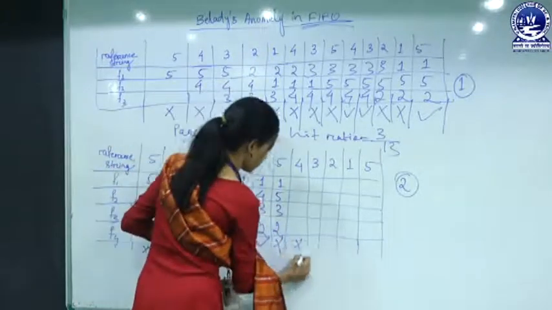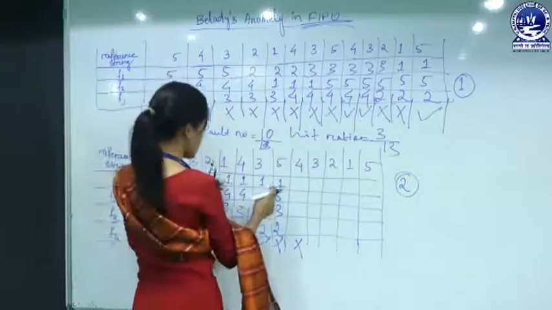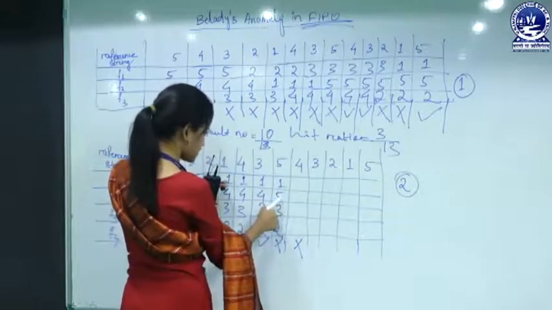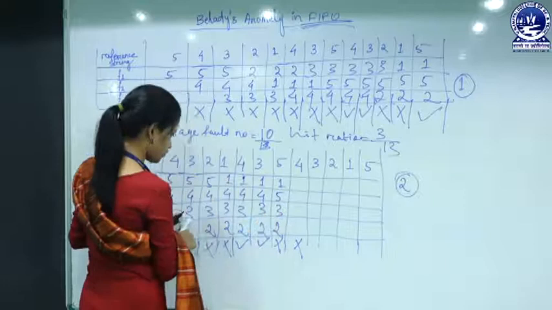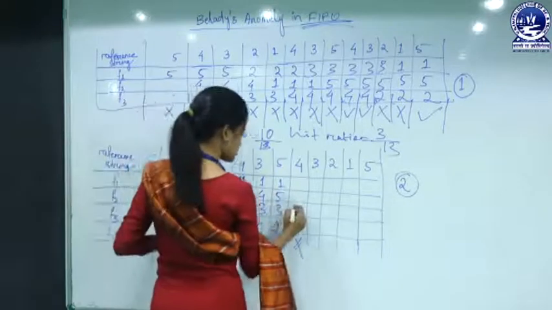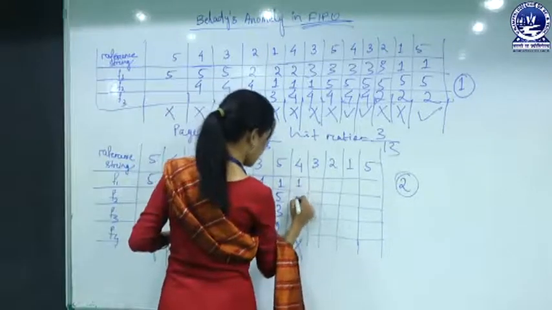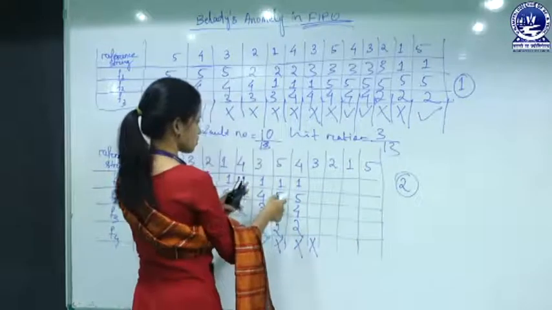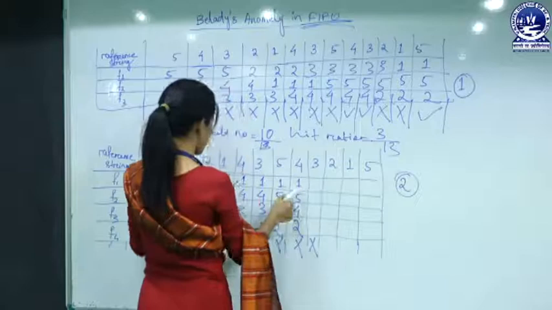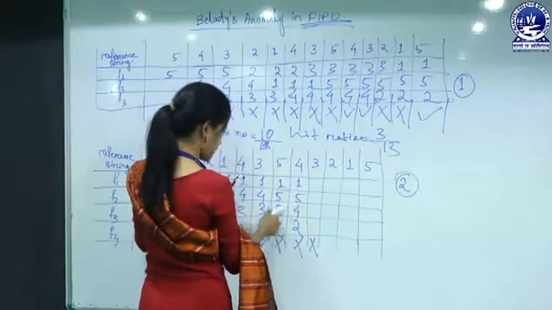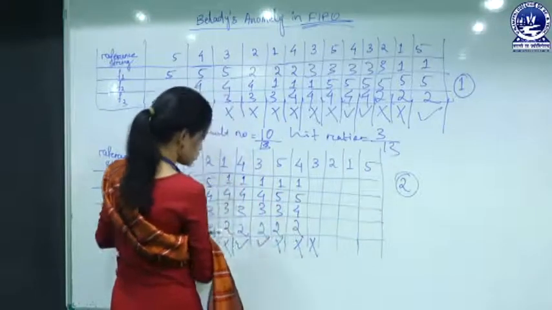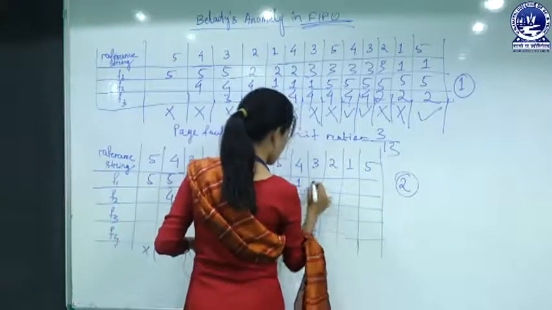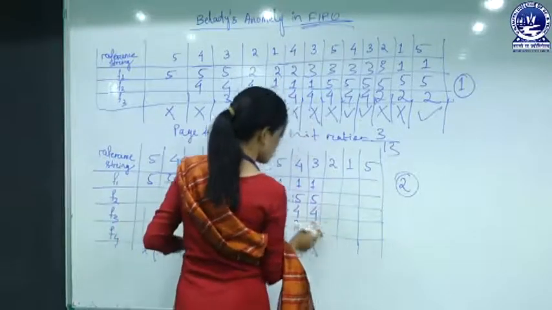Again page fault, so we replace the oldest one, 1, 5 is recently used, and 3 and 2. So 3 is replaced by 4: 1, 5, 4, 2. Again page fault, so 2 is replaced by 3: 1, 5, 4, 3.